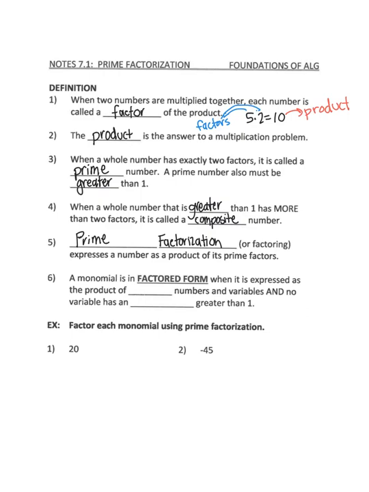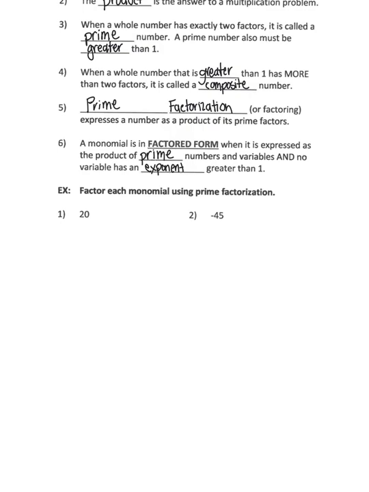So if we look at a monomial in factored form, it is expressed as the product of prime numbers and variables, and no variable has an exponent greater than 1. That is when it's in factored form. So let's look at some examples factoring using prime factorization.